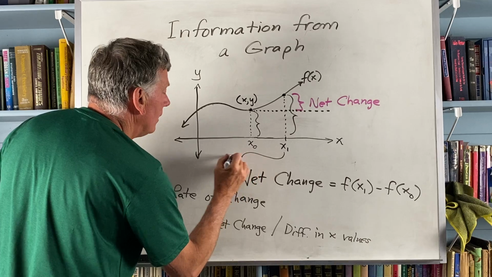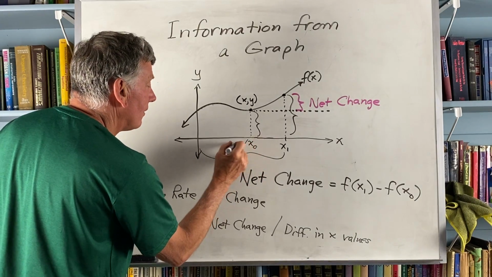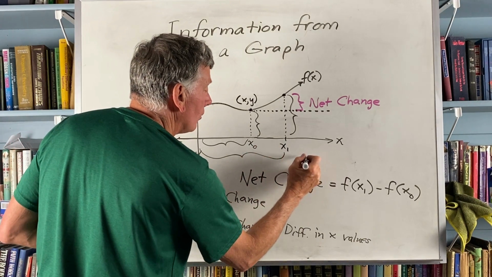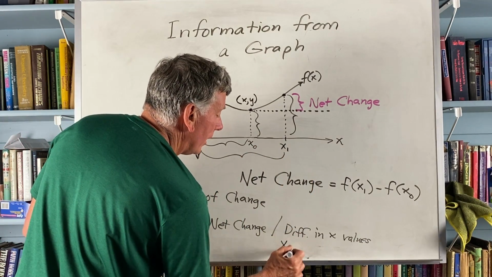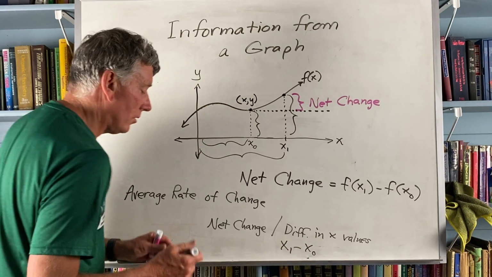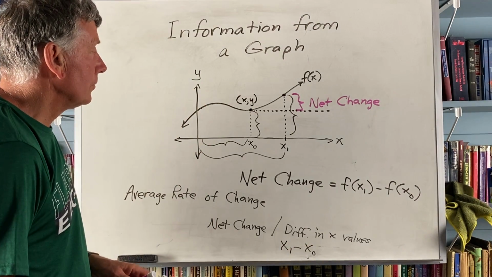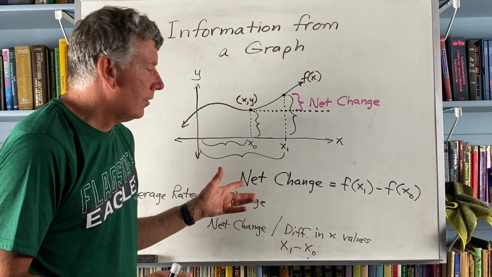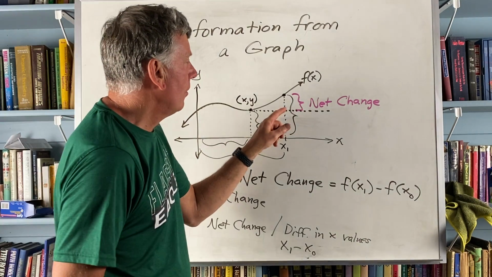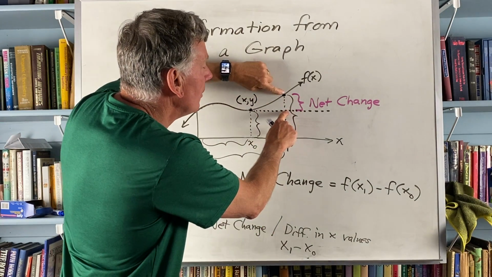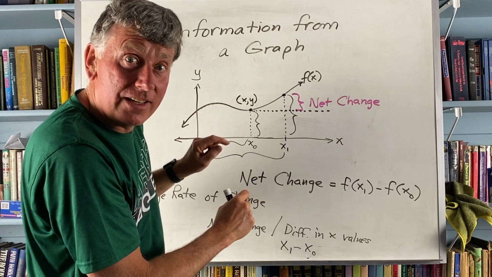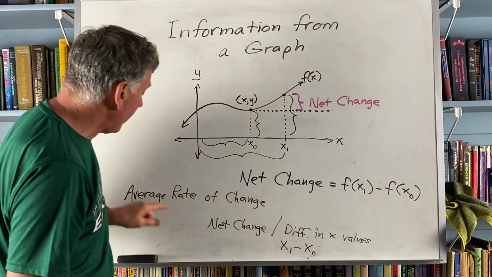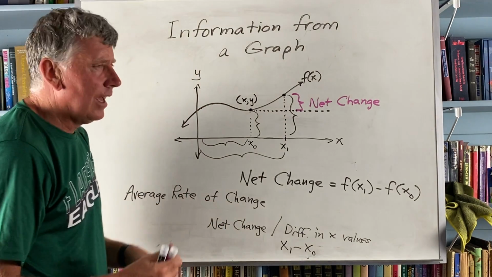This is x1 going all the way to there. This is x0. So my net difference between this is going to be x1 minus x0. Again, all I'm doing is taking the difference in the y's and dividing it by the difference in the x's. And that gives me my average rate of change.